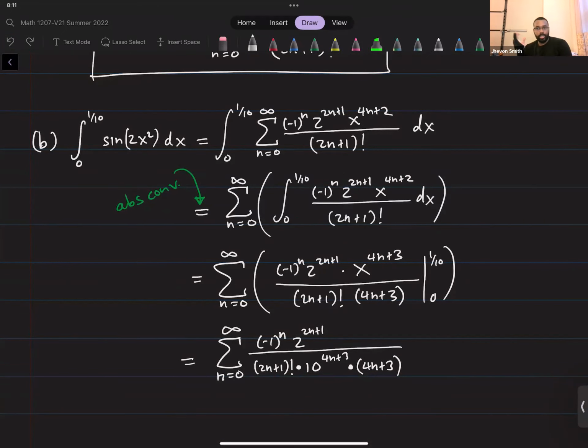So it's not exactly something that a Calc 1 student would be able to write down, for example. So it's not in terms of elementary functions. But that would be the antiderivative. And what you're looking at here is the definite integral. This will add up to the value of that integral. So if I want to find the area under the curve y equals sine of 2x squared on the interval 0 to 1/10, that series is the answer.